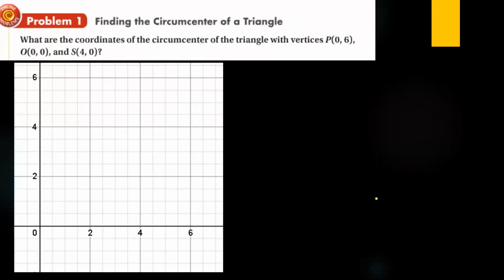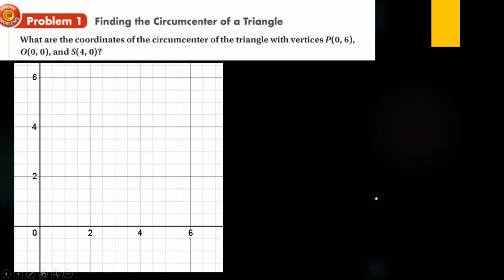They are lines that bisect the side and are perpendicular to it. After that, I want to see what the coordinates of the circumcenter point are. So let's start. The first step is to draw the triangle.